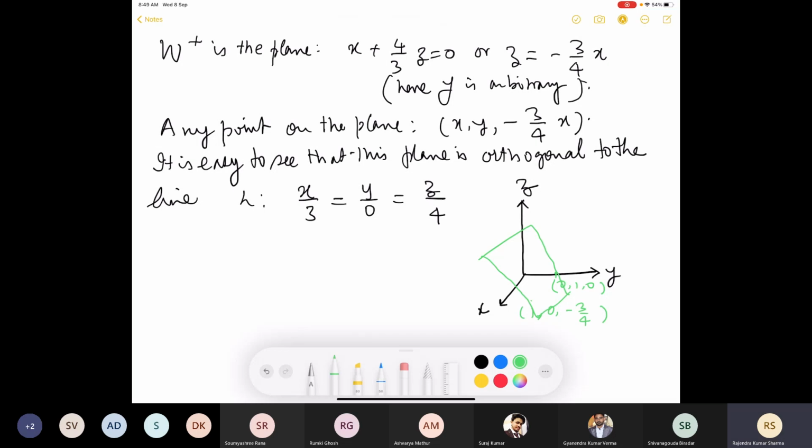And the line that passes through the origin and this point, 3, 0, 4, will pass through somewhere here. So this will be orthogonal to this. The line will be like this. And naturally, the direction ratios of the line and the normal to the plane are the same, and therefore these two are orthogonal.